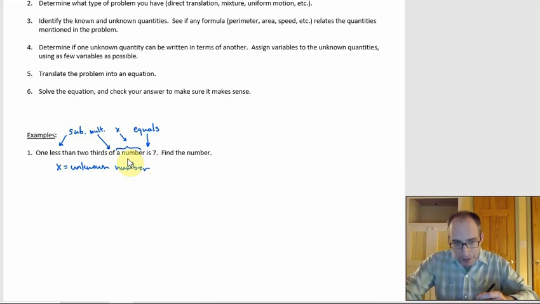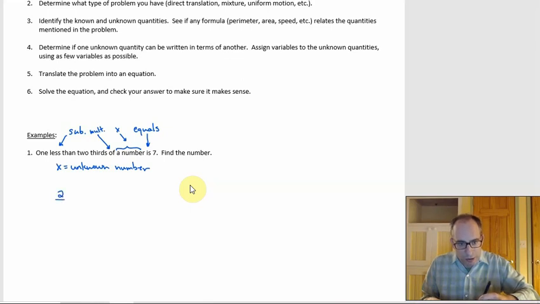That will happen later. But we've pretty much got a good handle on this. We know the equal sign goes here, and the 7 is going to go on one side, and the other side should be 1 less than 2/3 x, which I think most people would write as 2/3 x minus 1.